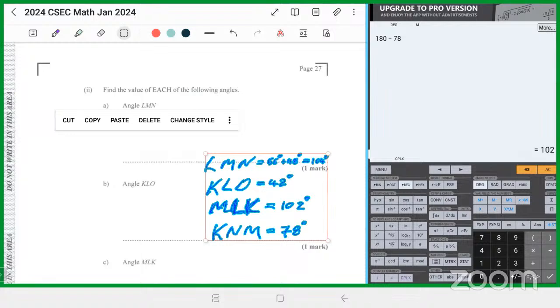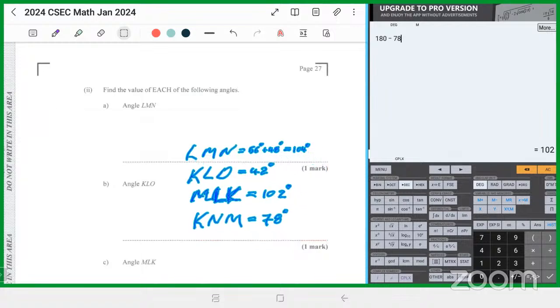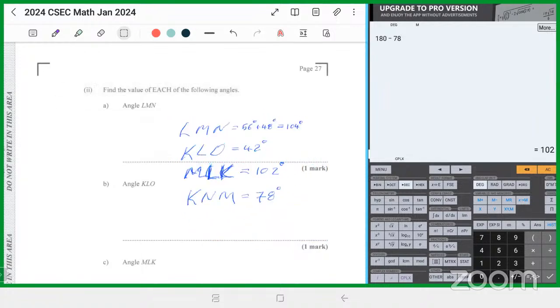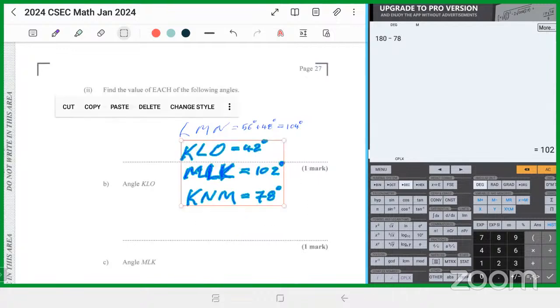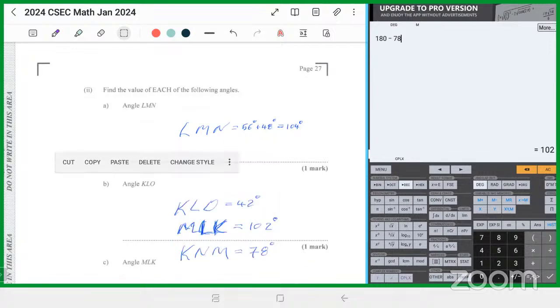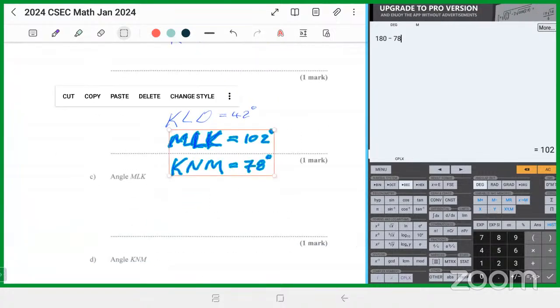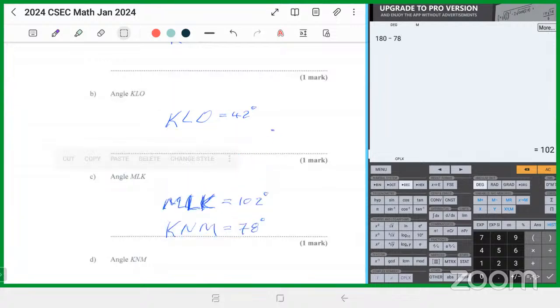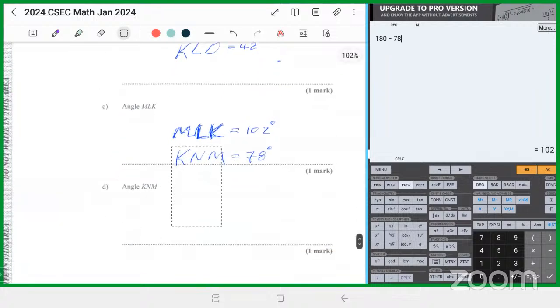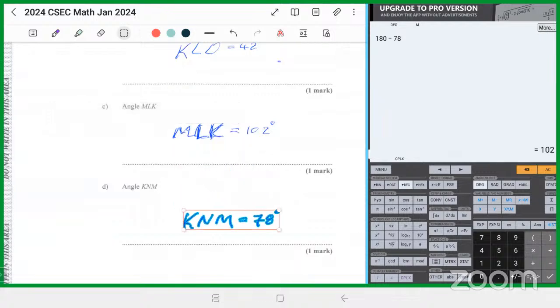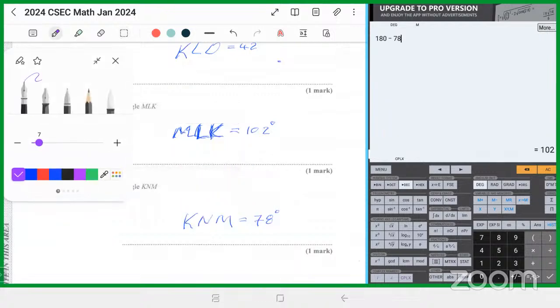So the first one, I'm going to leave it up here. I'm going to move this set down to here, leave a KLO, and then move this one down to here, and then move this one down to there.